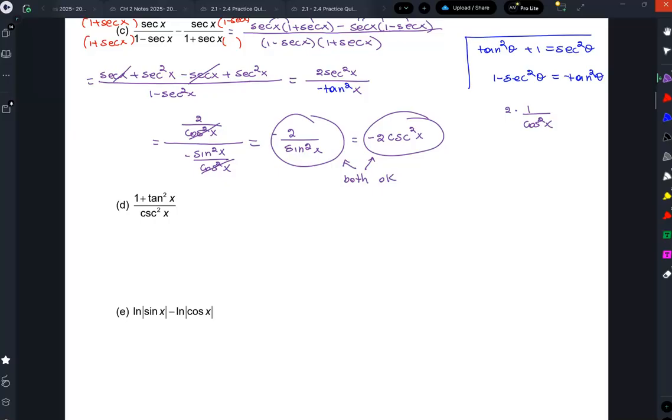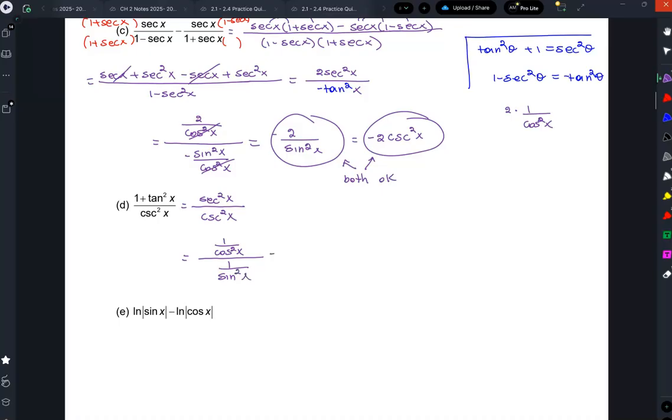Okay, so here we go. 1 plus tangent squared x. What's that equal to these days? Secant squared x over cosecant squared x. So what do you suggest we do now? That's 1 over cosine squared x, over 1 over sine squared x.